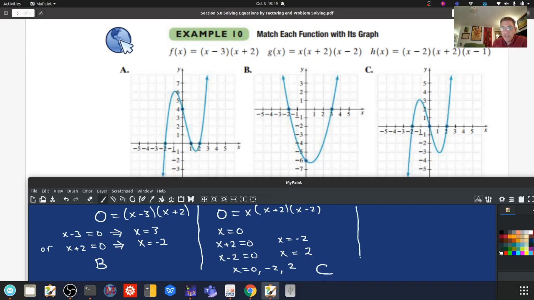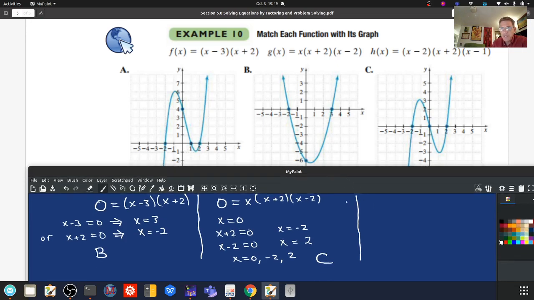Now we're going to check. By process of elimination, we know the last one is A, but if this were a test, it could be none of the above, or it could be a false flag. So let's go ahead and do it. The last one is h of x is equal to x minus 2, x plus 2, and x minus 1. So again, where it crosses the x-axis, h of x, which stands for y, is equal to 0.